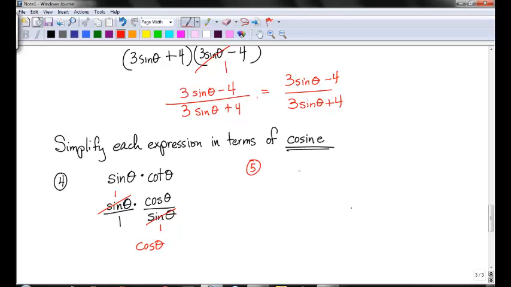Say they give you cosecant squared theta minus 1, that quantity times sine squared theta. Okay, look on your card. What is cosecant squared theta minus 1?